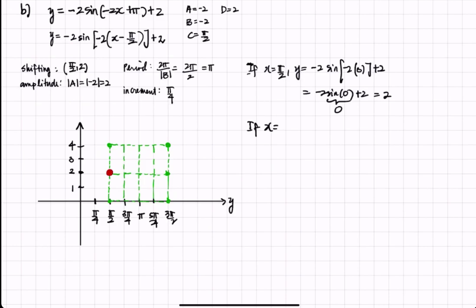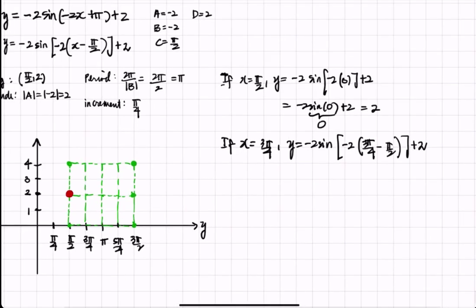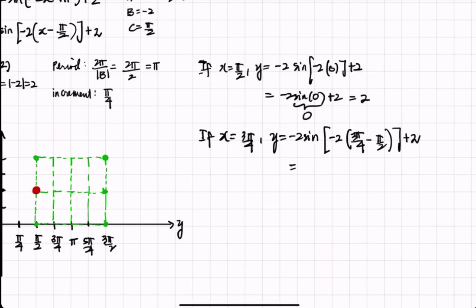So, when x is 3 pi over 4, what is your y? So, saan siya maganda i-plug in? Dito na nga lang ulit. 3 pi over 4 minus pi over 2. Okay, so simplify natin. Negative 2 sine, negative 2. What is 3 pi over 4 minus pi over 2? So, 3/4 minus 1/2 is 1/4.